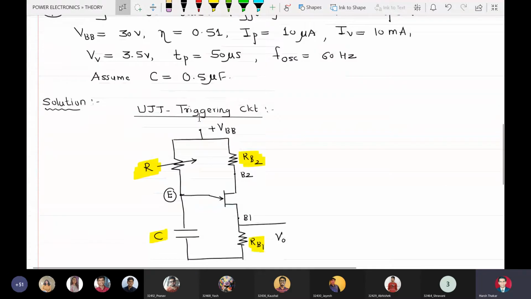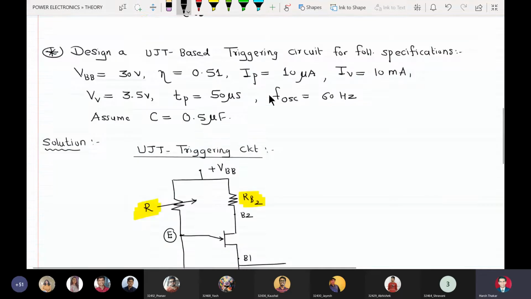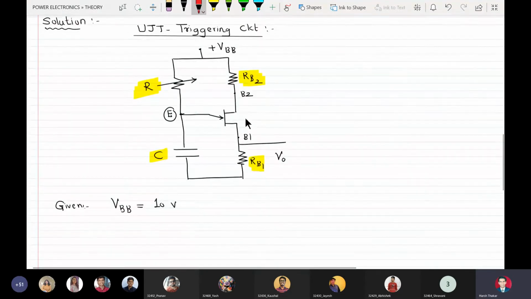So which are the things which are given in the circuit? Given VBB equal to 10 volts, we have eta, the intrinsic standoff ratio, as 0.51.